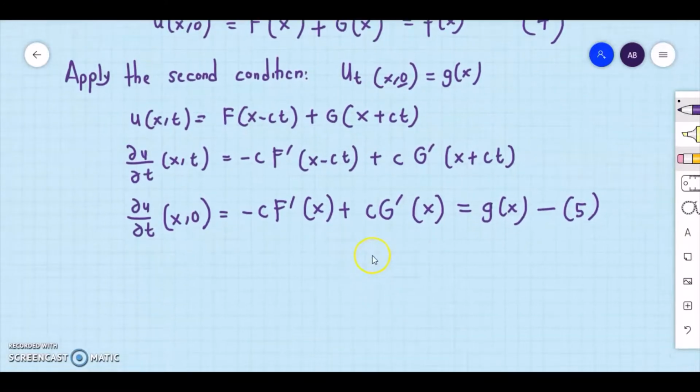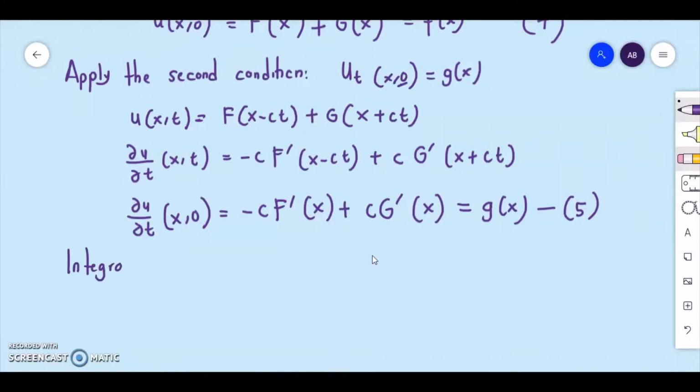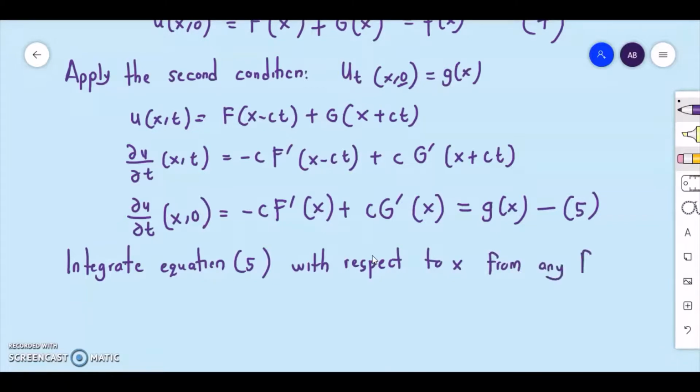So what I want to do now is integrate equation 5 with respect to x from any fixed point, say 0 to x.